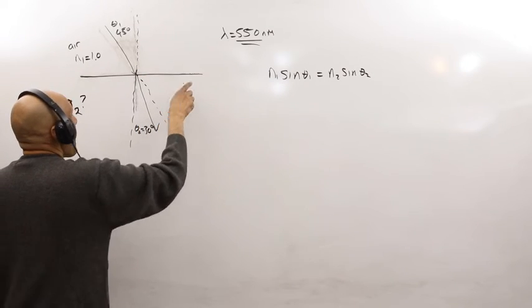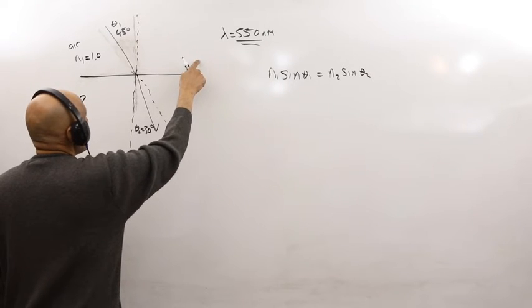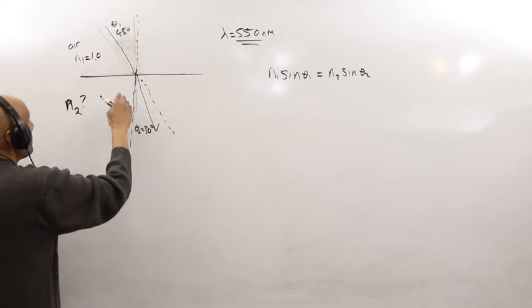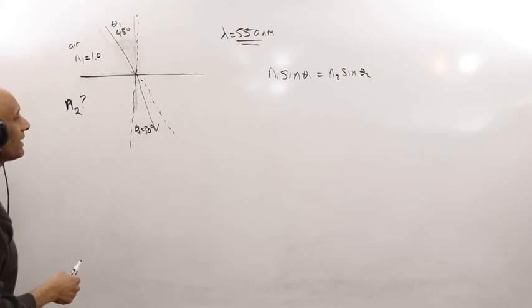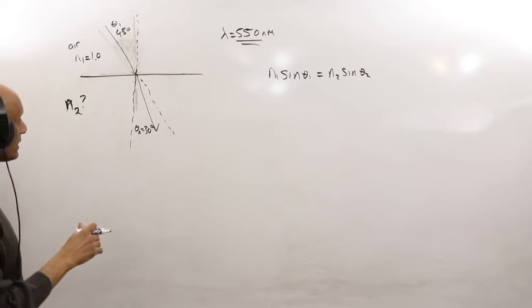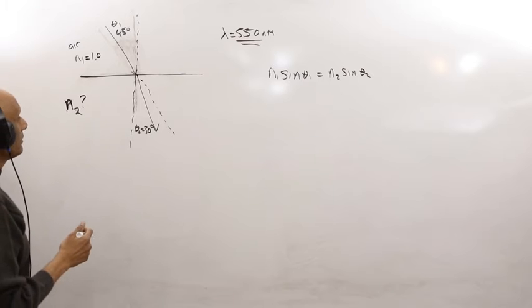Well, it's trying to get back into the material, and if it is, that means that the index of refraction of this material is actually higher than that of air. Of course, because we know this is air, you can't get smaller than 1.0 for the index of refraction, because light travels fastest in vacuum, and air is slightly slower, but we can't go faster than the speed of light.